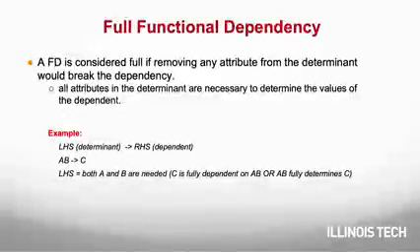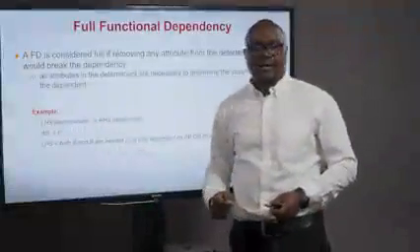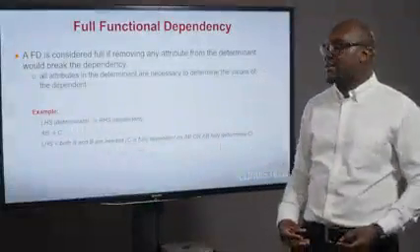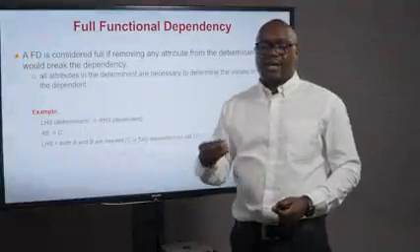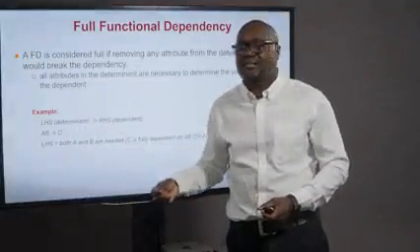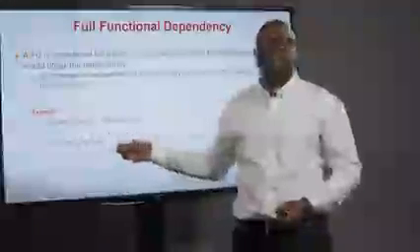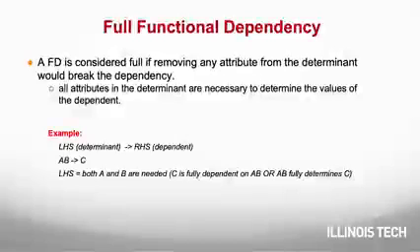So let's look at the attributes. This time around, we have sets of attributes. We don't have one attribute as a determinant. So we have AB pointing towards C, and we say it out like AB functionally determines C, or you can say C is dependent on attributes AB.